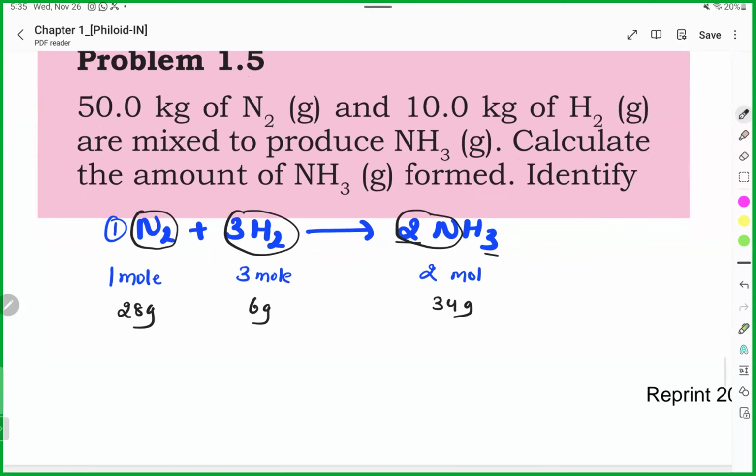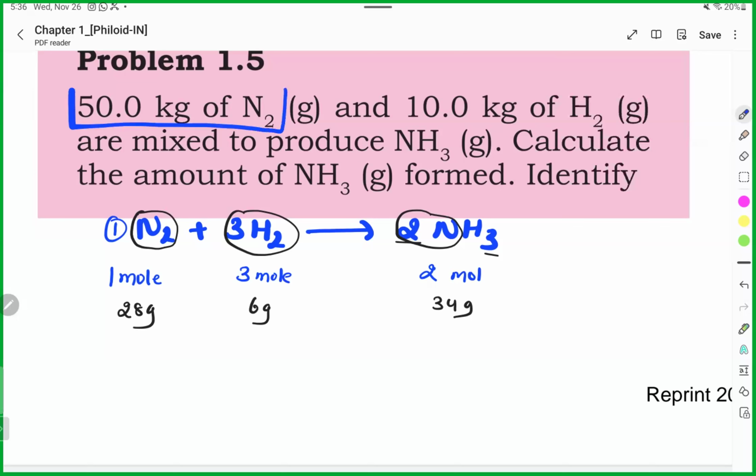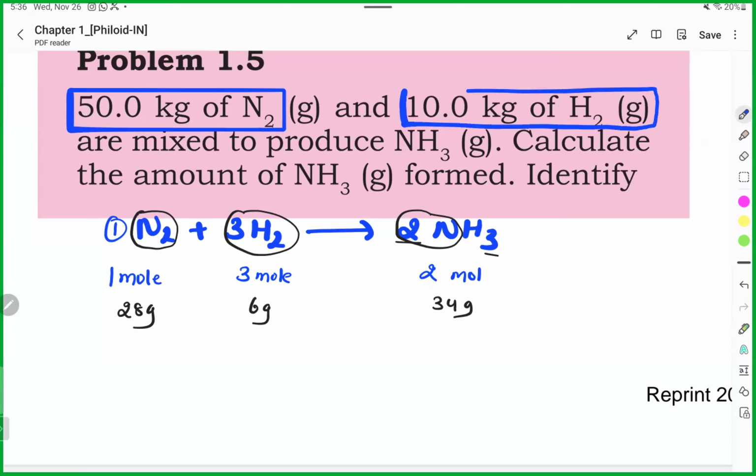What you have to do, guys, is calculate the number of moles of nitrogen and the number of moles of hydrogen and check which one is the limiting reagent. For example, if you take 50 kg of nitrogen, that's 50,000 grams divided by the molar mass of nitrogen, 28, so about 1800 moles.